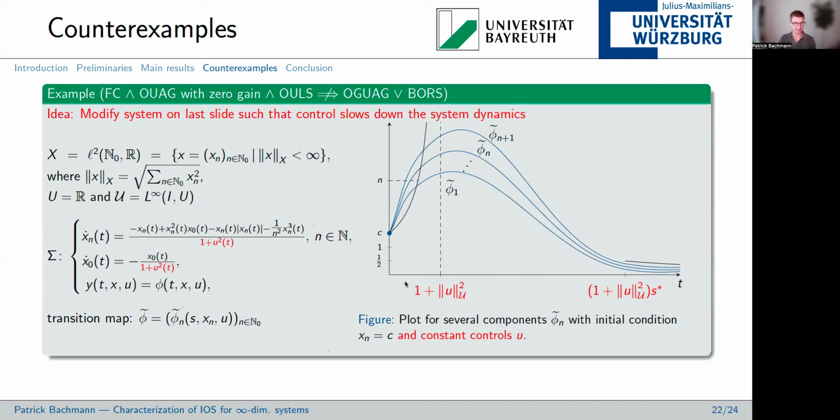So let's go to the next example here, which does not have a lot of difference. The actual difference is that we are slowing down the system. So the system is moving more slowly, and the singularity is then shifted to the point 1 plus the norm of u squared.